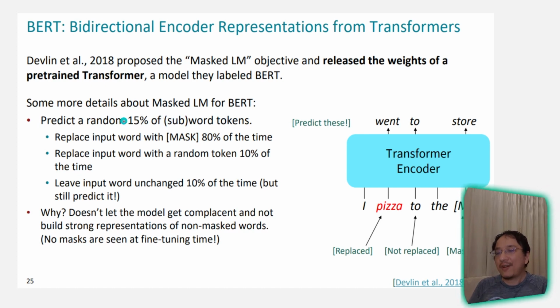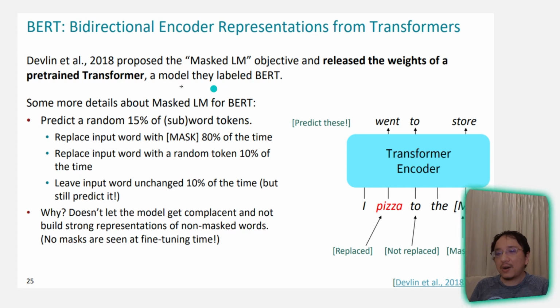Okay, so 15% of the words are randomly selected so that the transformer is going to inference the correct words. 80% of these words are replaced by a mask, 10% are replaced by a random word, and another 10% are unchanged.